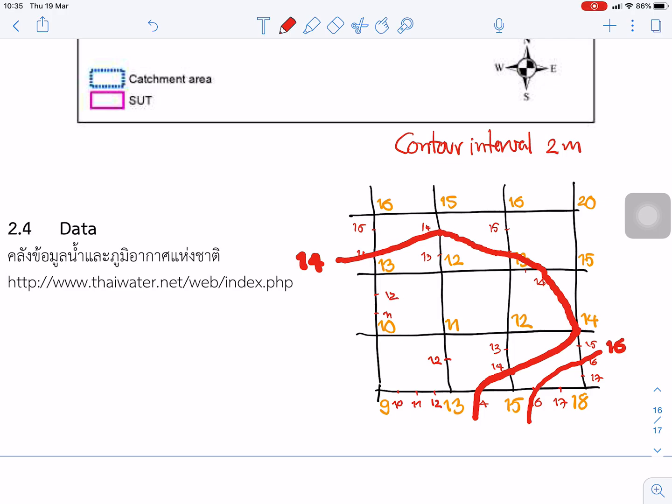So next we can draw the 12 contour line.